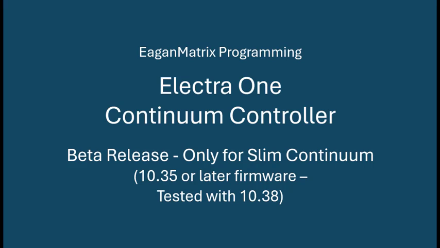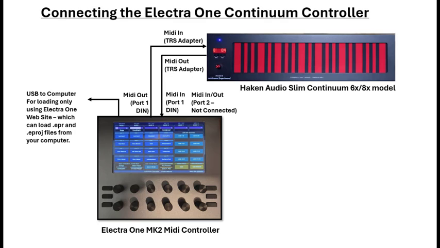Only Slim Continuum 8X owners can really test this right now, because I think they're the only ones running 10.35 or later. The first thing you'll want to do is connect your Electra One to your Slim Continuum. This is not using USB MIDI right now. The Electra One should be connected using port 1.